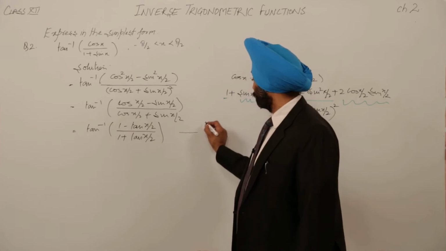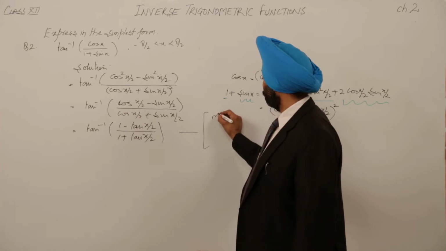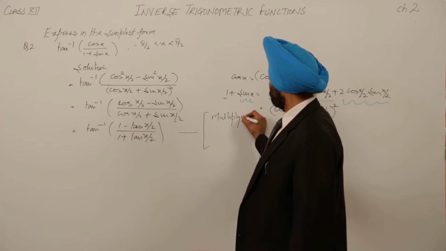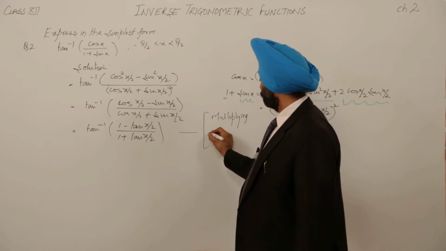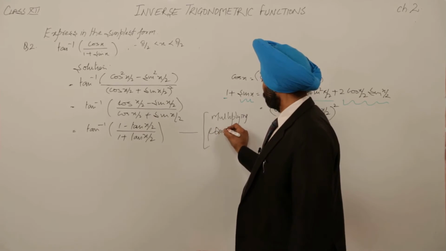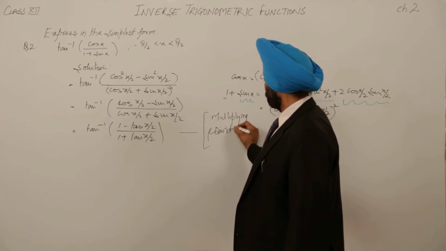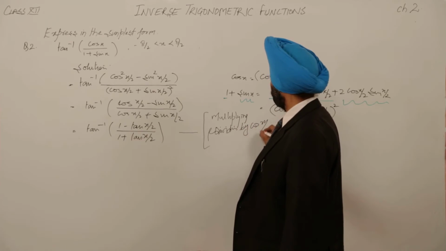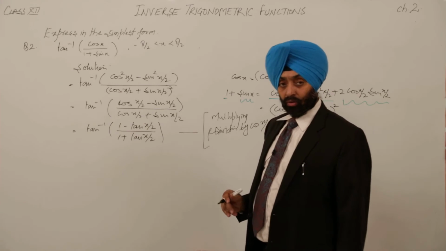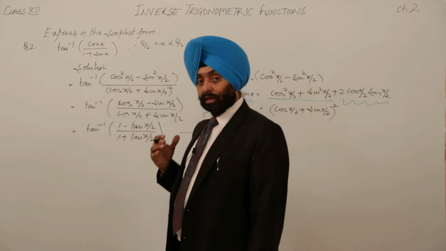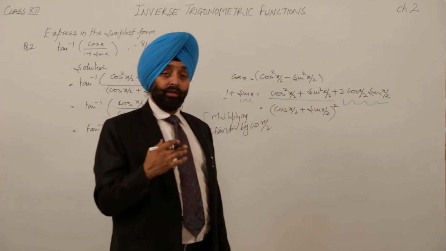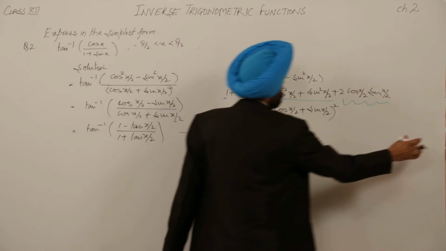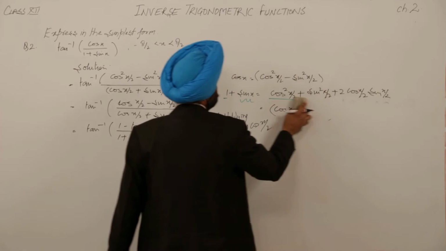You can just write multiplying and dividing, or you can write dividing the numerator and denominator by cos x by 2, one and the same thing. So we can use anything.